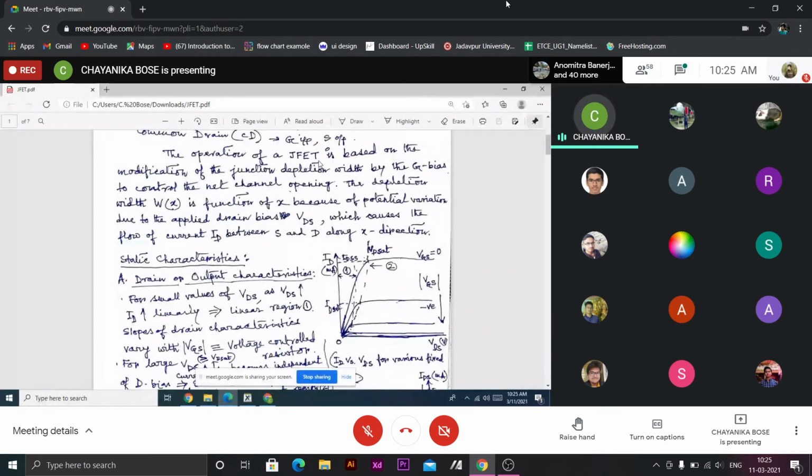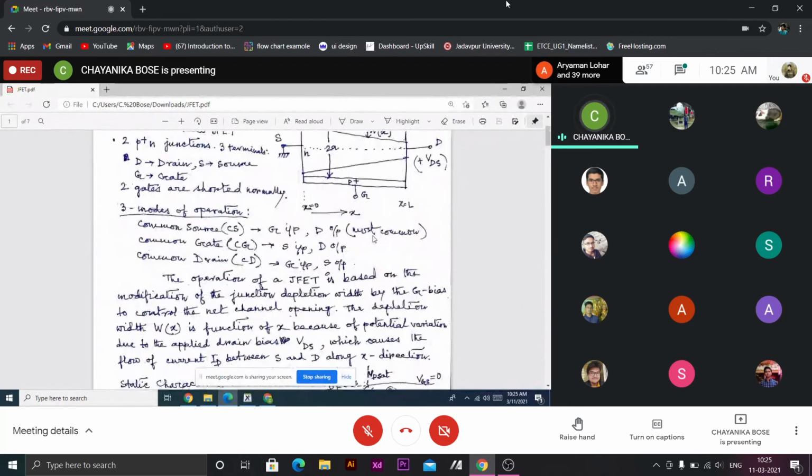The operation of a JFET is based on modification of the junction depletion width by the gate bias, which I have said. So the gate controls the operation. To control the net channel opening, the depletion width W(x) is a function of x because of potential variation due to the applied drain bias VDS, which causes the flow of current ID between source and drain along the x direction.